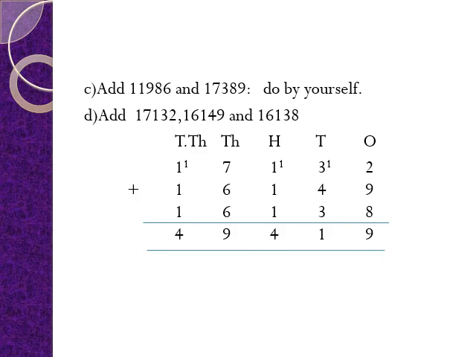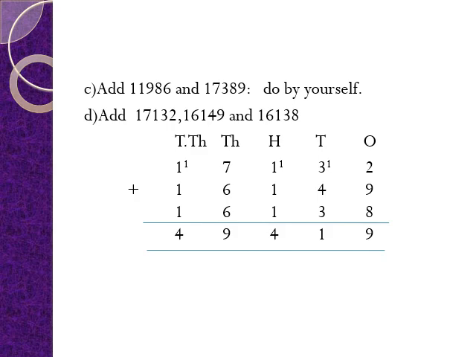17,132 plus 16,149 plus 16,138. So first we have to put it in the place value chart. So in the ones place we have 2 plus 9 plus 8, that is 19, 9 carried 1. So in the 10s place we have 3 plus 4 plus 3 plus 1, that is 11. 1 carried 1.